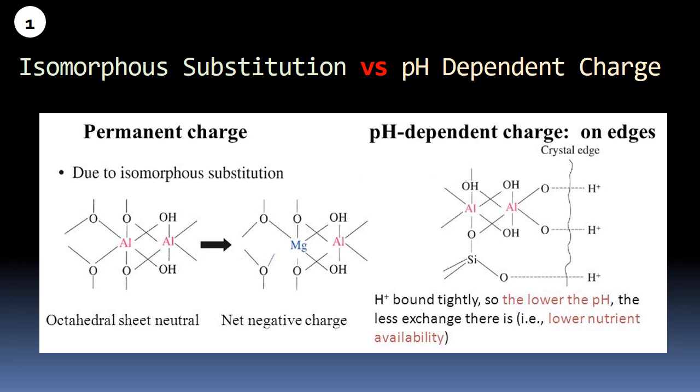For the pH dependent, it happens at the edges, and depending on the pH condition, whether it's high or low, it will create either positive charges or negative charges.